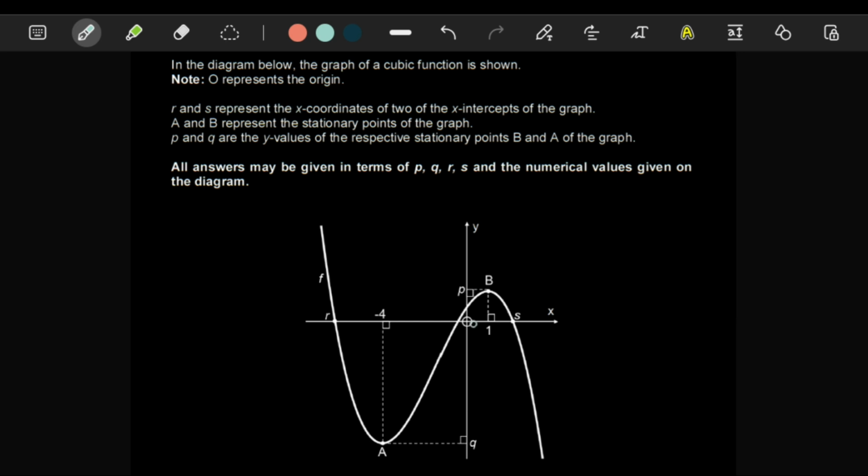O represents the origin. Then they said R and S represent the x coordinates of 2 of the x-intercepts of the graph.